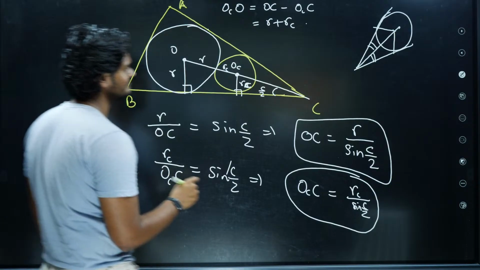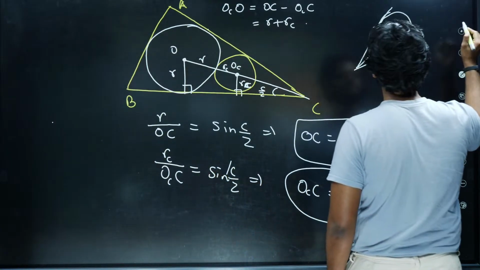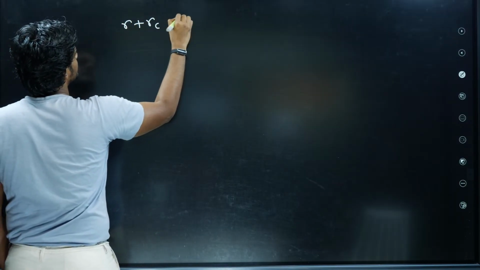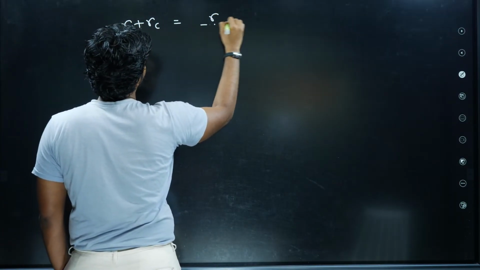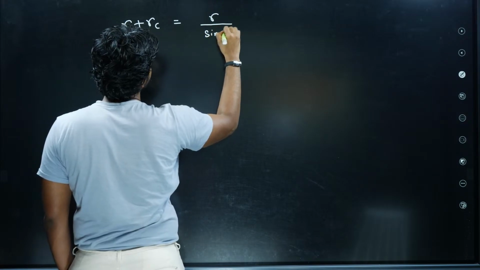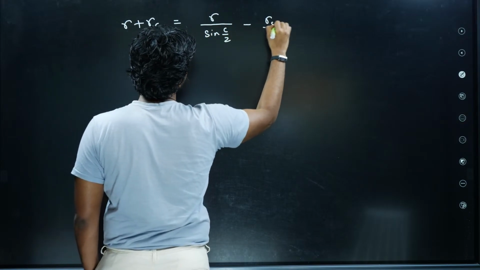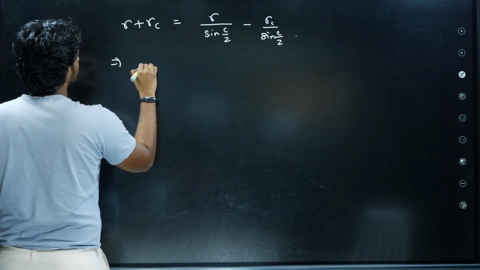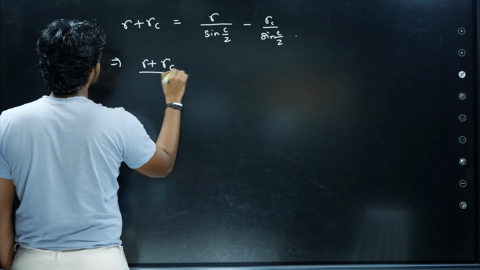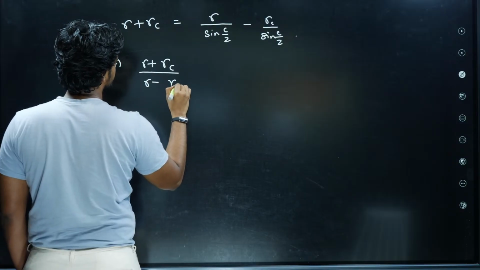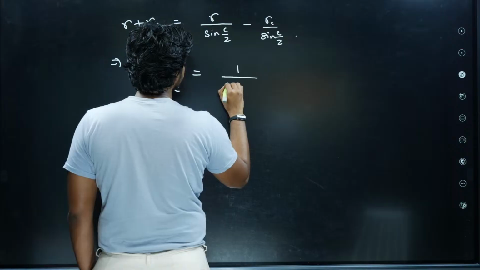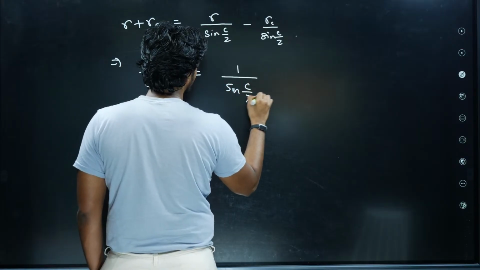Let me write it down. R plus RC is equal to R by sine C by 2 minus RC by sine C by 2. So that implies R plus RC by R minus RC is equal to 1 by sine C by 2.